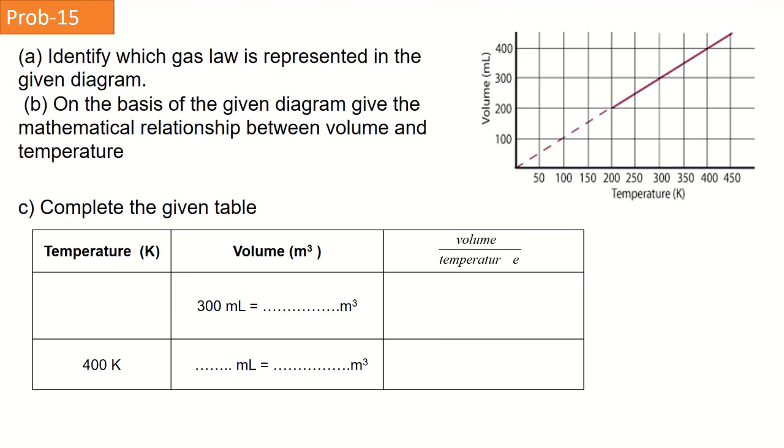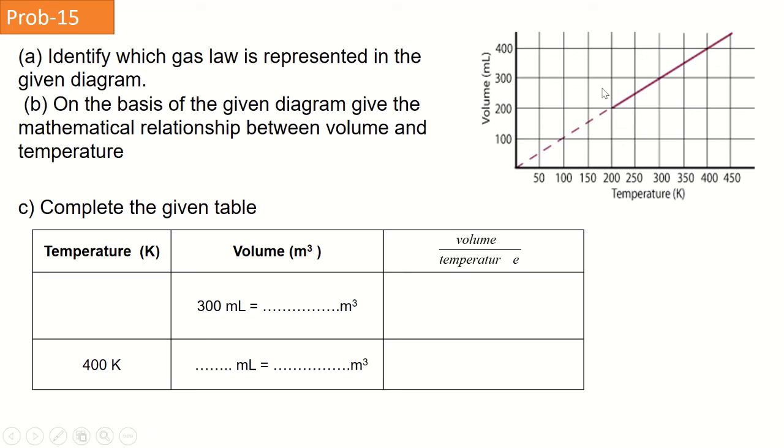Problem 15 has three parts, part A, part B and part C. In part A, identify which gas law is represented in the given diagram. So this diagram is given here, and you have to identify which rule this graph is based upon.